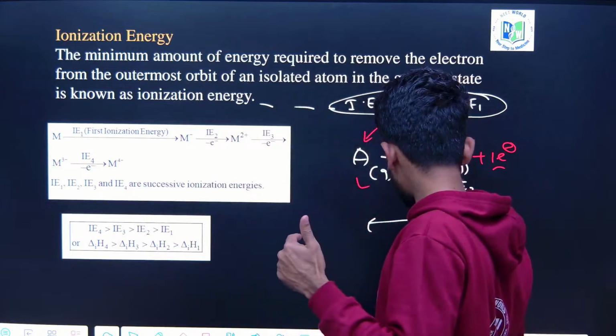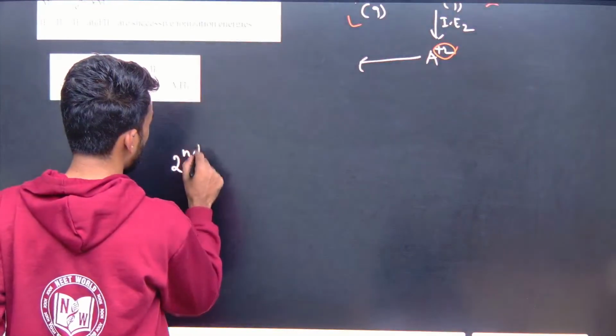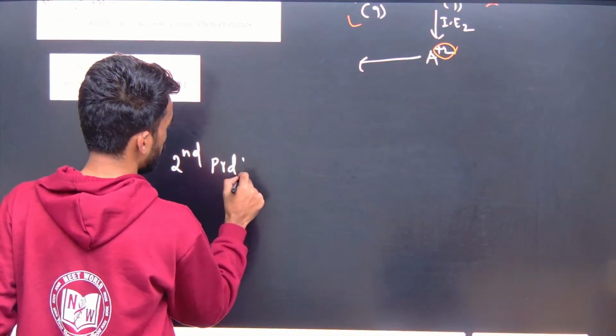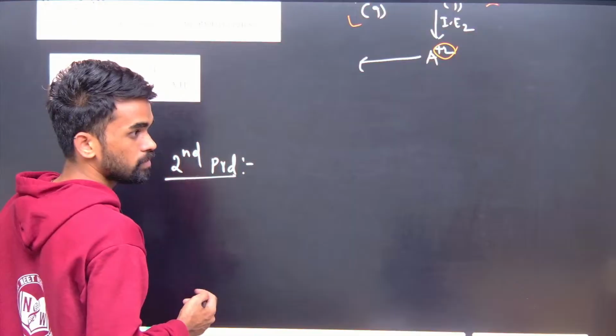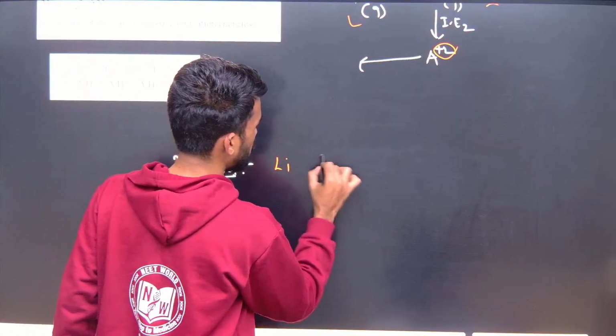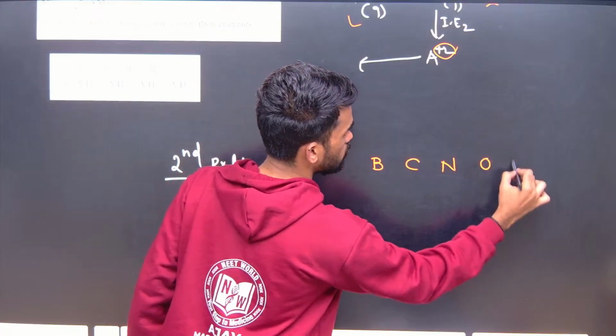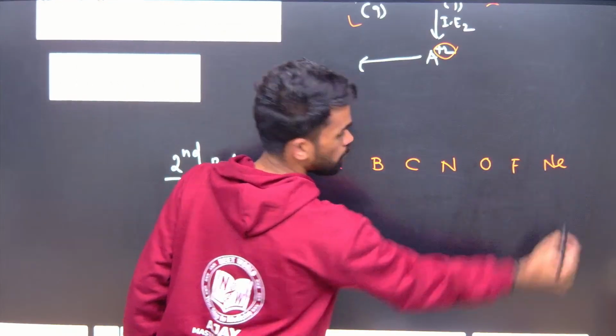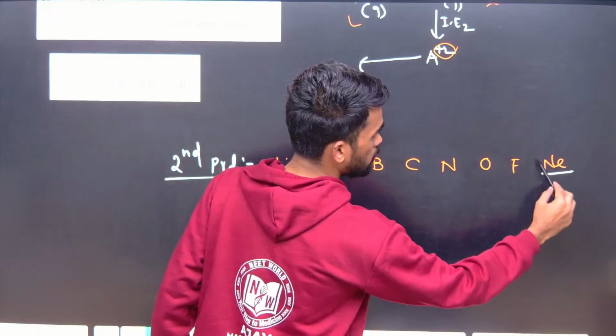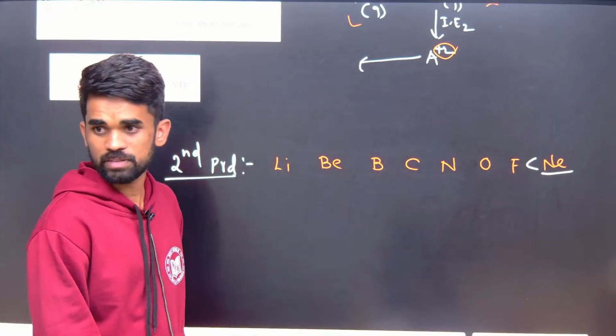So tell me, what is the order we got for second period elements? What are the second period elements? Lithium, beryllium, boron, carbon, nitrogen, oxygen, fluorine, neon. Tell me. So neon is full-filled electronic configuration, so it is the highest one.